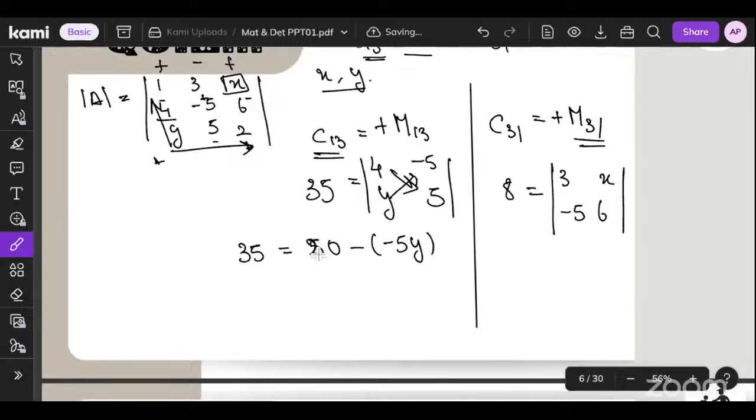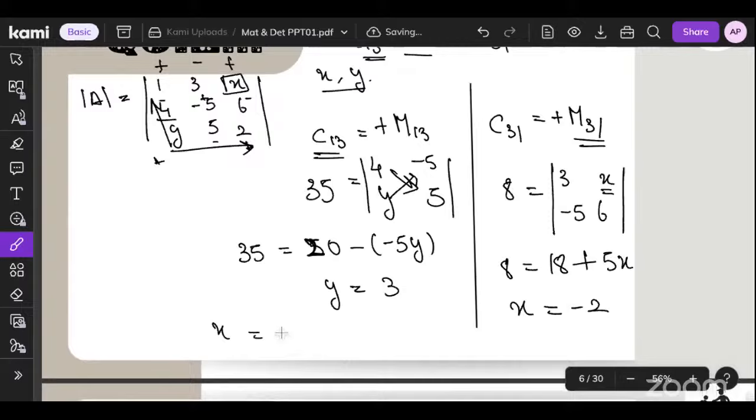Here it is 20. If you solve this equation, you will get y as 3. And for solving the C31 side, we are going to get x in this term, so we get 18. Here you will get minus into minus plus, so it will be 5x, and your value of x will be minus 2.